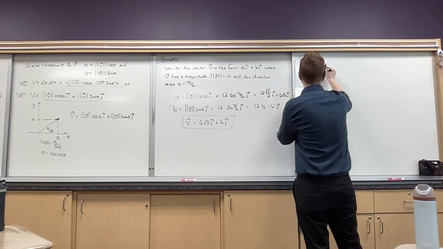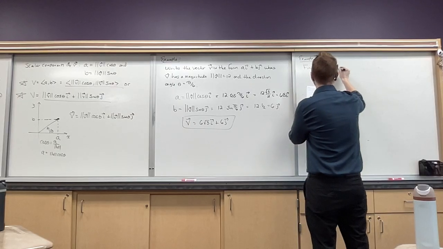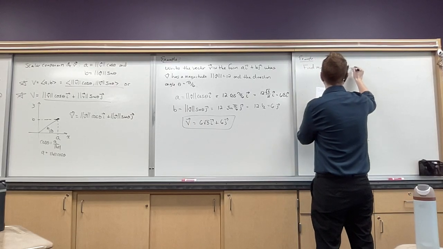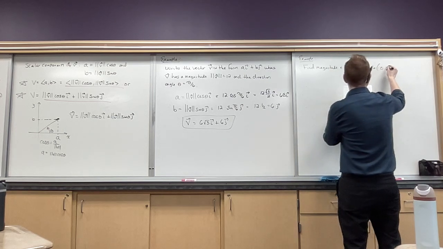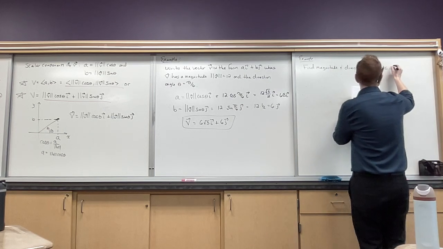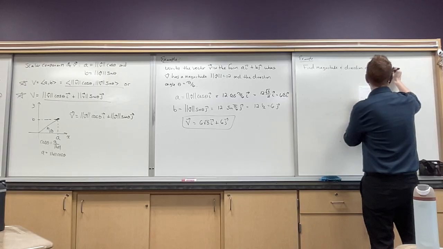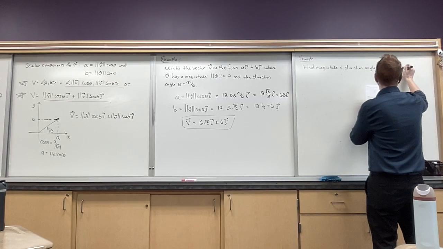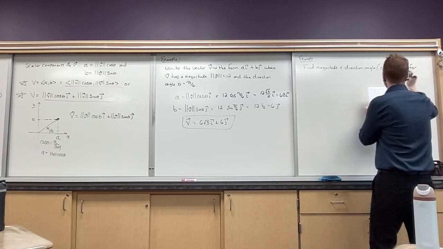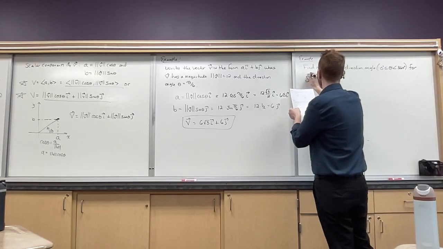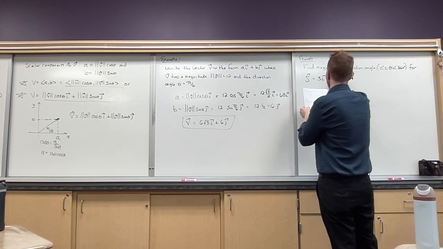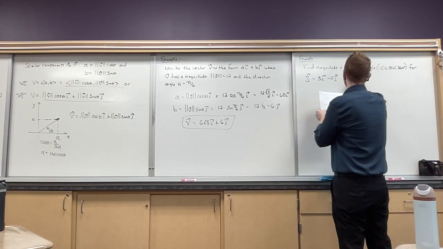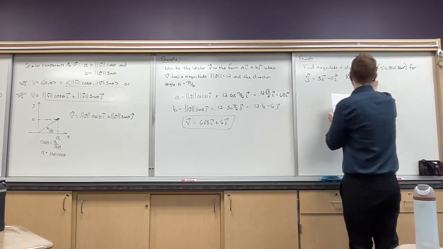Find the magnitude and the direction angle, keeping in mind that it has to be from 0, including 0, up to 360. Our vector s is going to be 3i minus 11j, and we're just going to round to 1 decimal place.